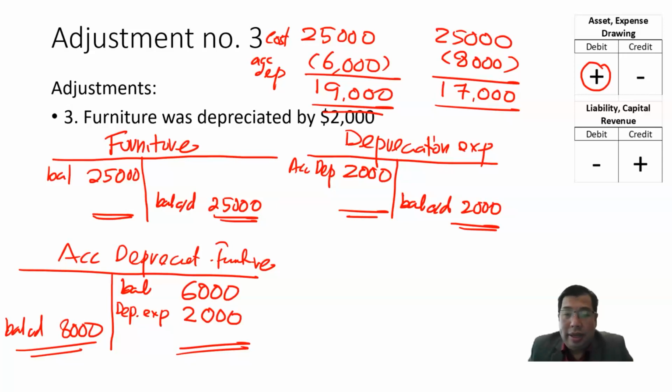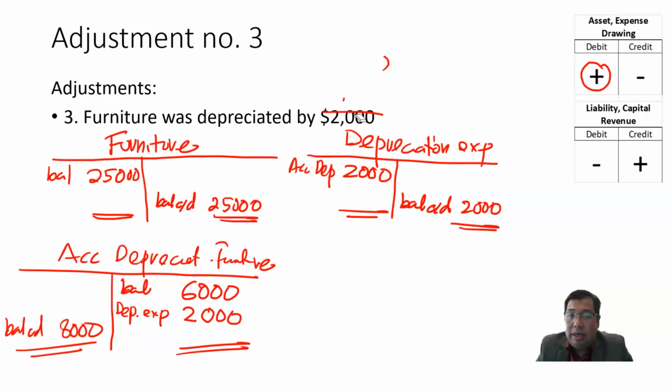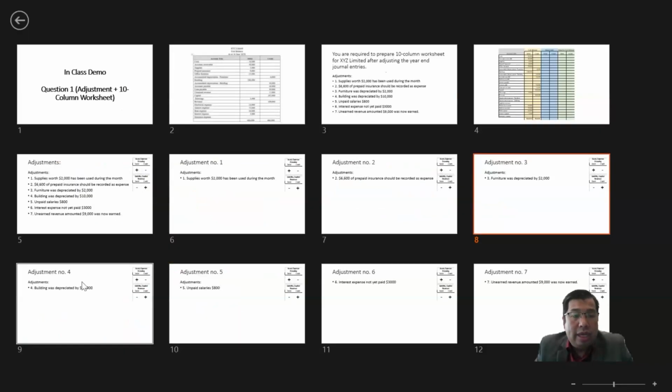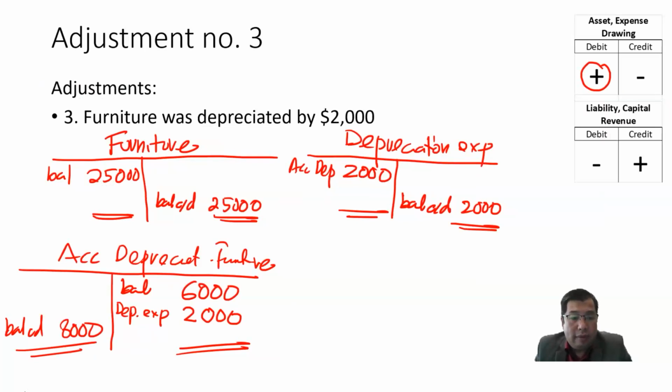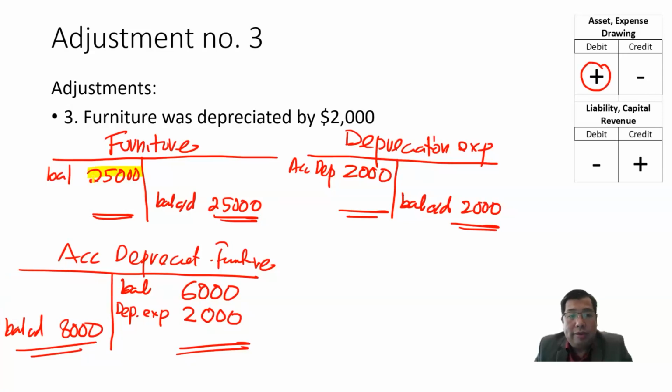Okay, let me explain again. This question tests your understanding of adjusting for depreciation. What is depreciation? Depreciation is a type of expense incurred by the business due to loss in value of its fixed assets or non-current assets. Previously, we have an asset, furniture, with a cost of 25,000.